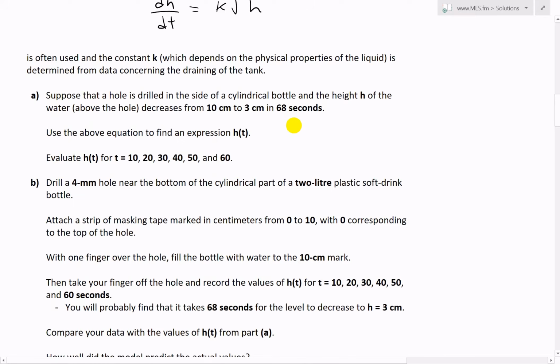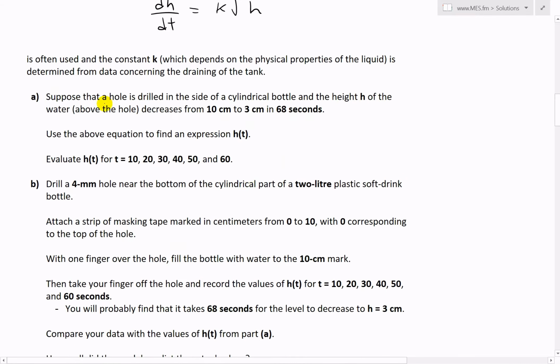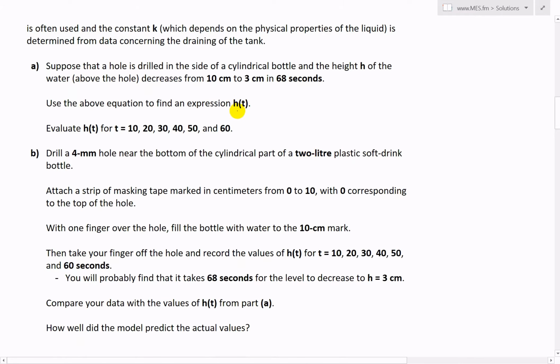Now part A of question 2 states: suppose that a hole is drilled in the side of a cylindrical bottle and the height h of the water above the hole decreases from 10 centimeters to 3 centimeters in 68 seconds. Use the above equation to find an expression for h of t, and then evaluate h of t, the height, after 10, 20, 30, 40, 50, and 60 seconds.